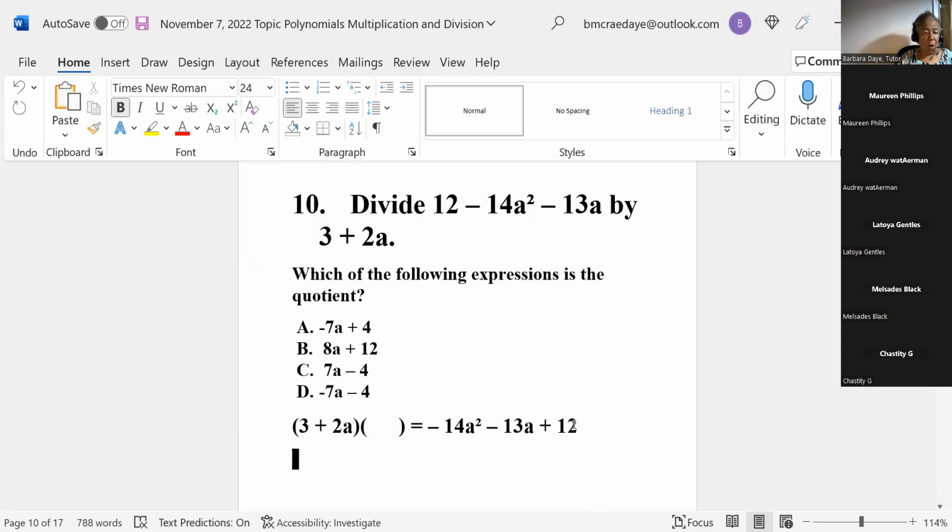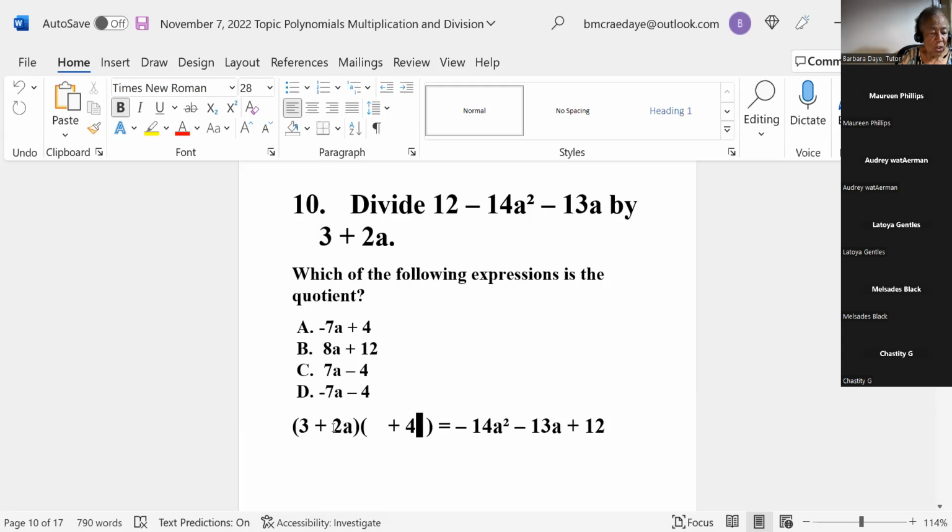So you know one of your numbers has to be what? Has to be a 4. And how do you know that? Because you have a 12 here. Right? Because 3 times 4 is 12. Now you know you must get a minus 14a squared.